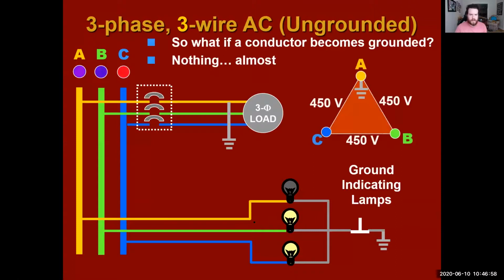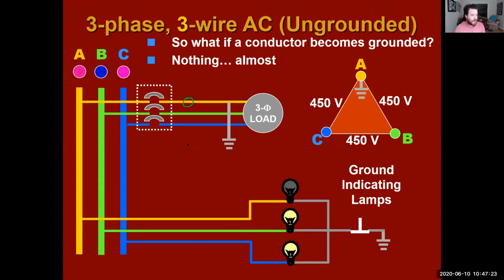So if a conductor becomes grounded, what happens? Does the engine room explode? Does Y2K happen? Do computers fail? Does the captain just jump off the ship? Really nothing bad happens if one wire becomes grounded.